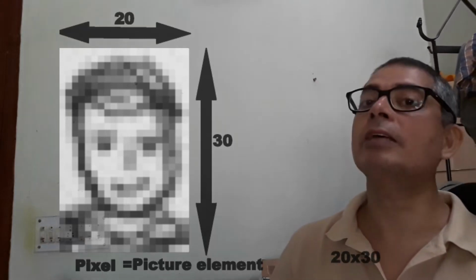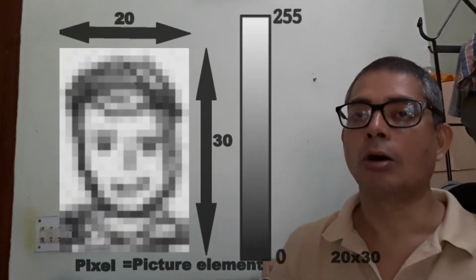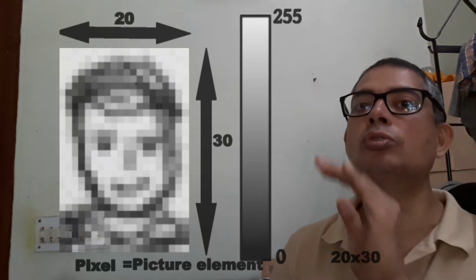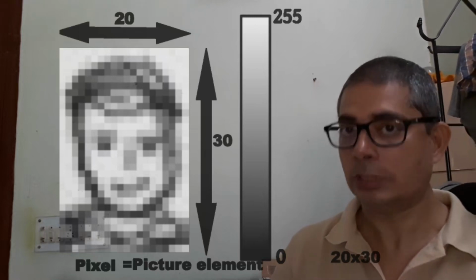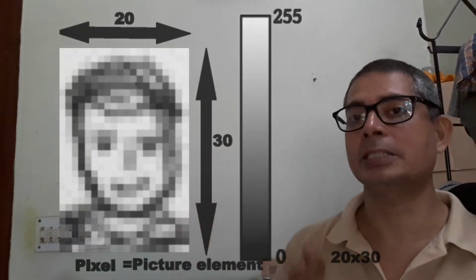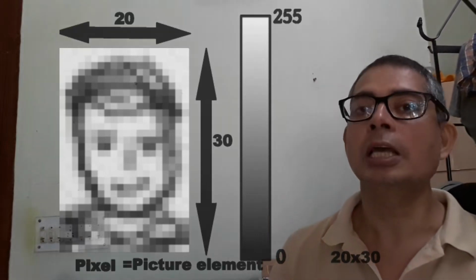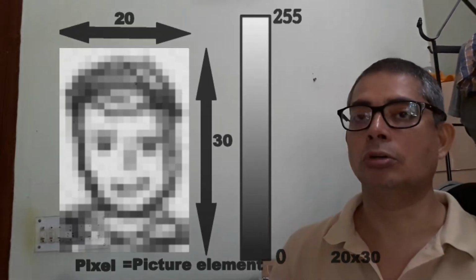Typically the level of grayness is expressed on a scale which goes from 0 to 255. Thus, this 20 by 30 gray level image is basically a 30 by 20 matrix of numbers, each in the range 0 to 255.